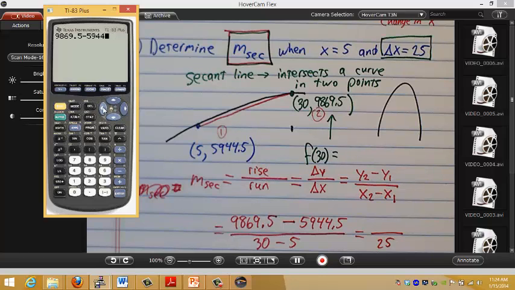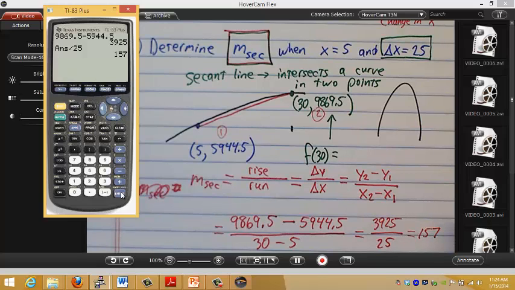Whoops. Enter. Did you guys get 3925? Divided by 25. And we get a slope of 157.